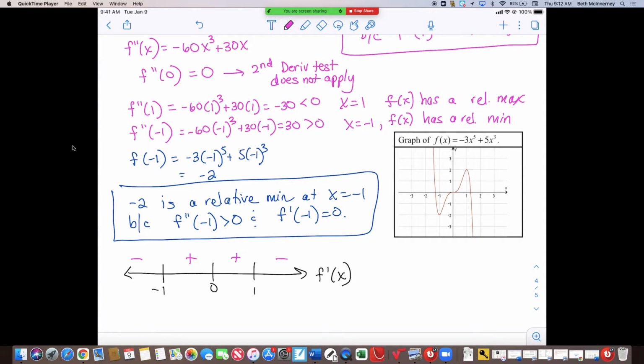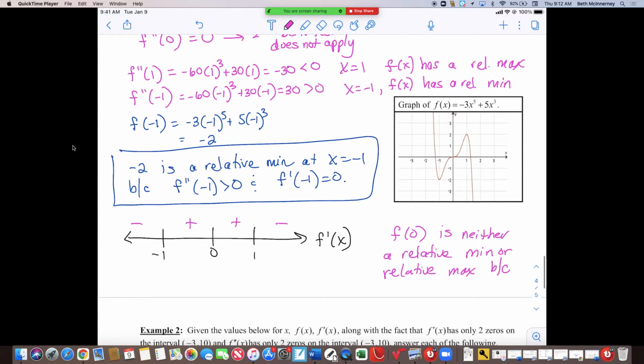Now, I want to make sure that I'm not misleading you here. Do you see f of 0 is neither a relative minimum or relative maximum because, wait, let me rewrite that, at x equals 0, f prime of x does not change signs.